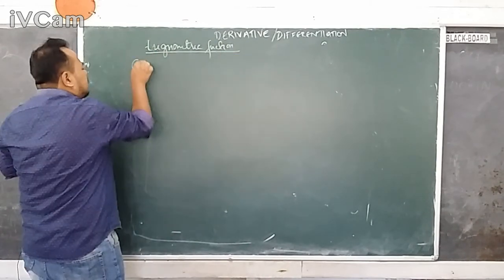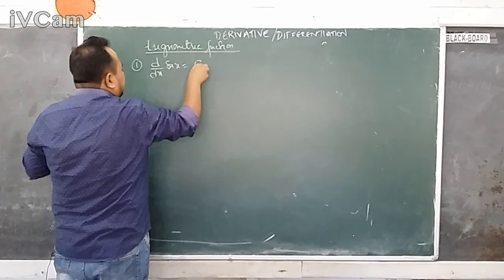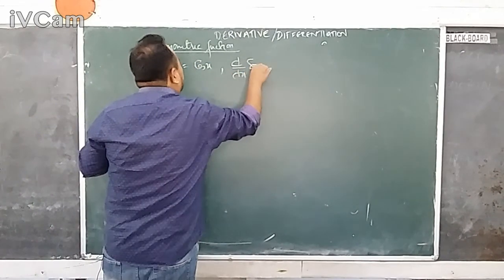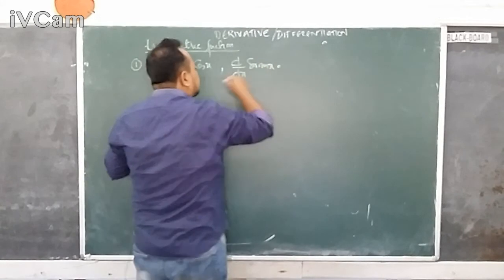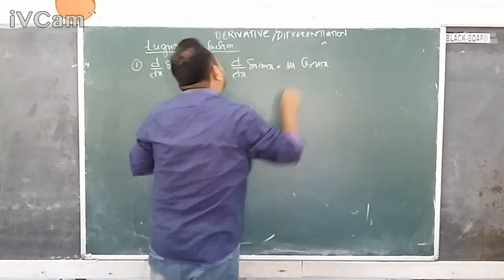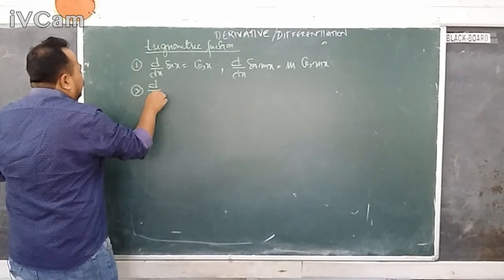Number 1, d by dx of sine x. Differentiation of sine x will be cos x. d by dx of sine mx: if there is a constant term, the constant comes in front, so it is m cos mx. Next, differentiation of cos x.